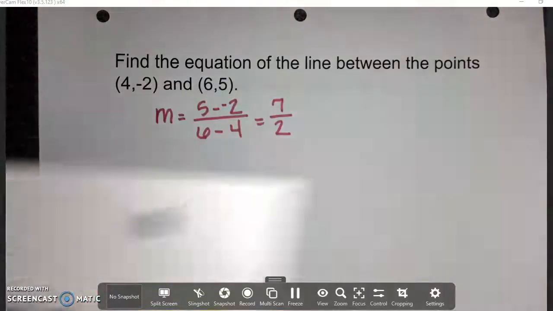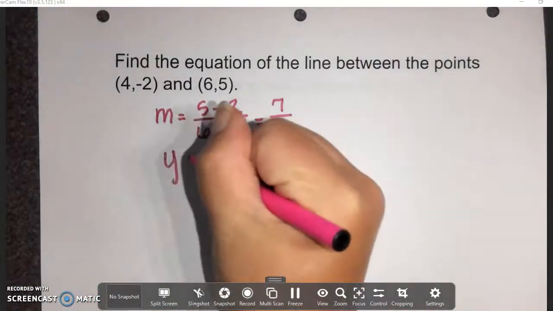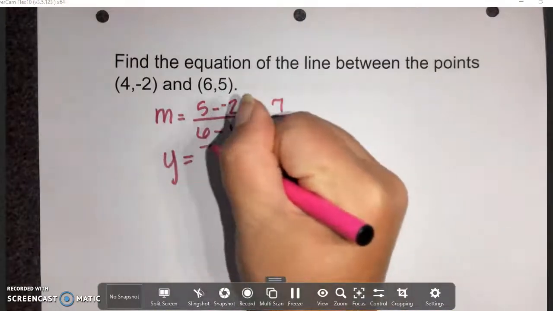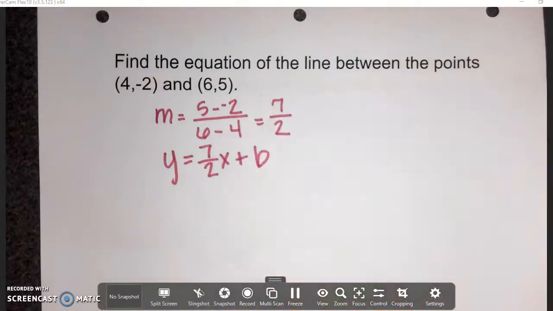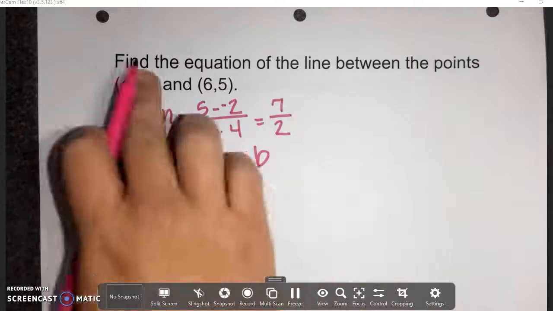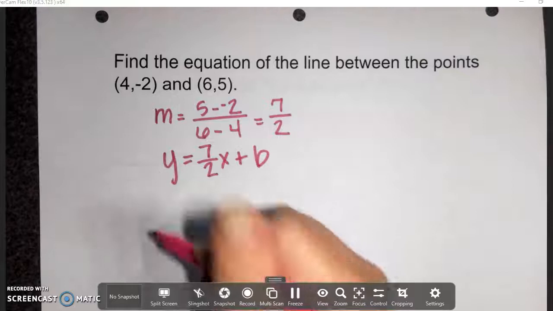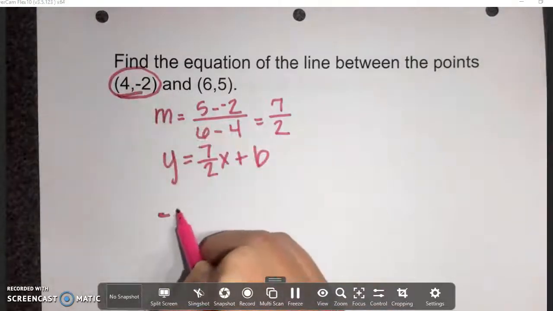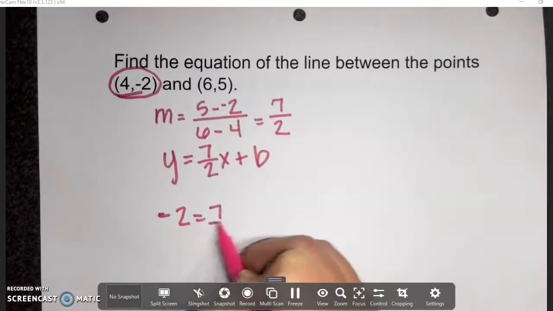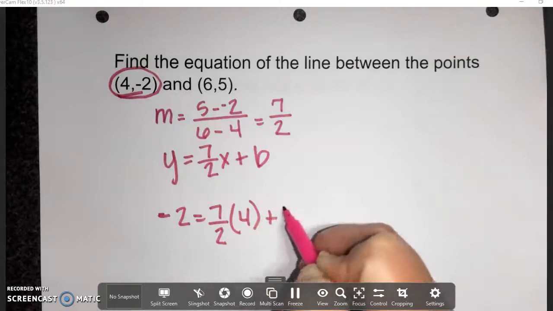Then, my next step is to input into slope-intercept form. Okay? Now I'm going to input one of these, doesn't matter which one, in for x and y to solve for b. So I'm going to use this one. -2 equals 7 halves times 4 plus b.